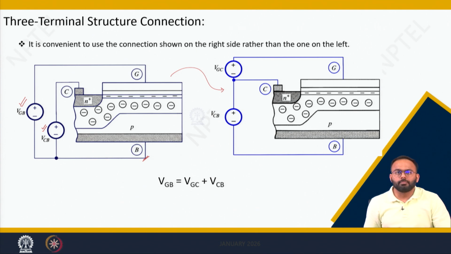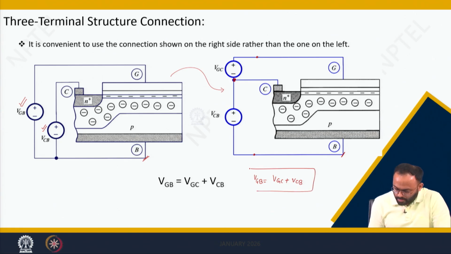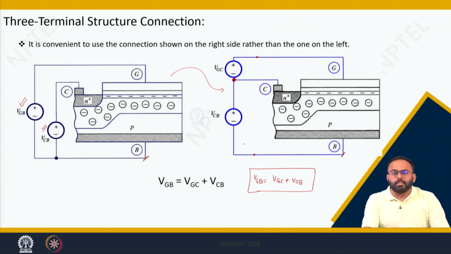Instead of making the body the reference for the gate voltage, I can make C the reference for the gate voltage. This is the same because the overall voltage between gate and body, VGB, is nothing but VGC plus VCB. Here the reference is changed, but the overall impact is the same; changing the reference gives a new understanding of this 3-terminal MOS structure.